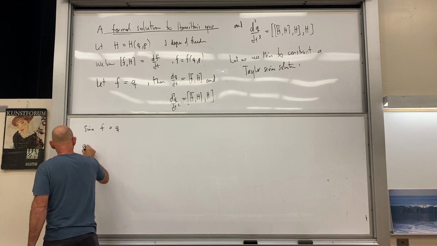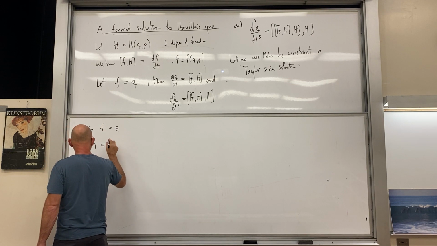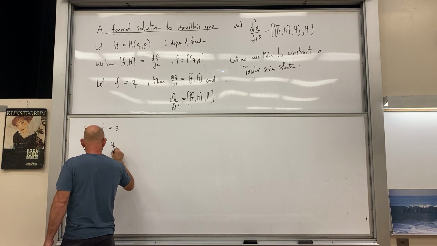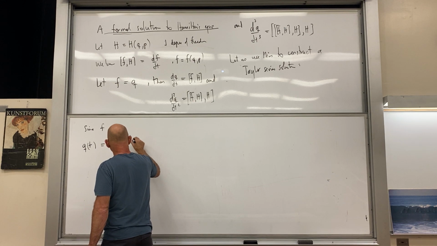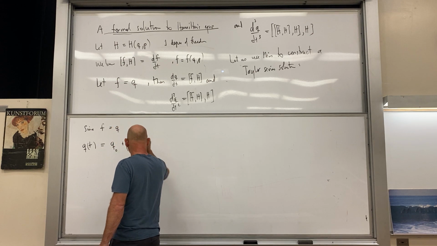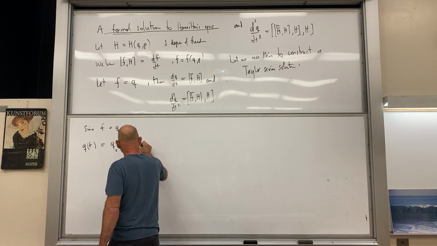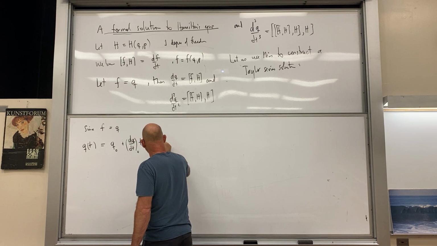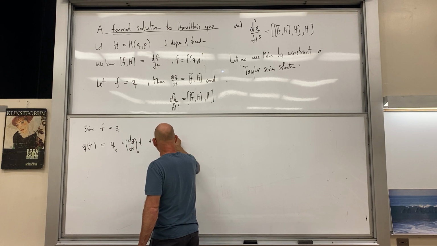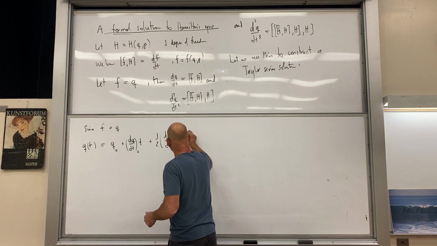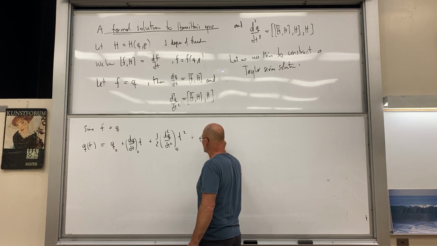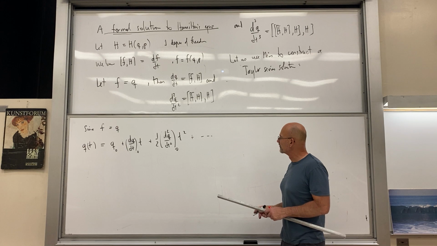we have q of t equals q at t equals 0, plus dq/dt evaluated at t equals 0 times t, plus 1/2 d squared q/dt squared, always evaluated at t equals 0, times t squared, plus and so on, all the higher derivatives.